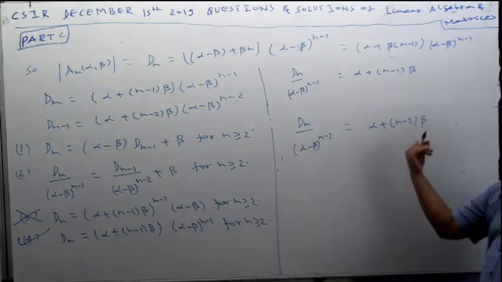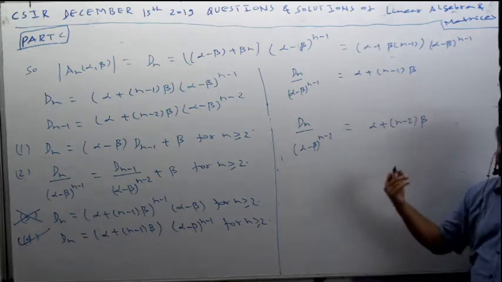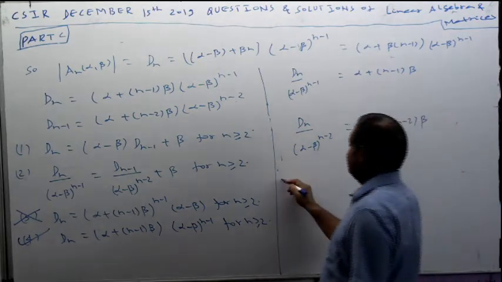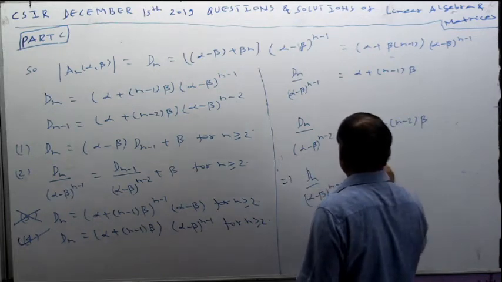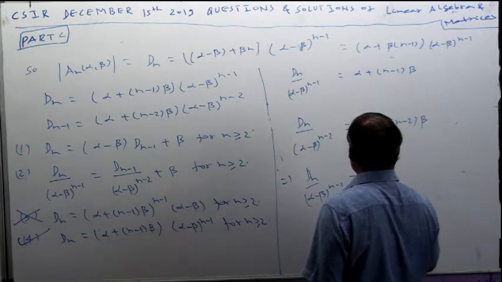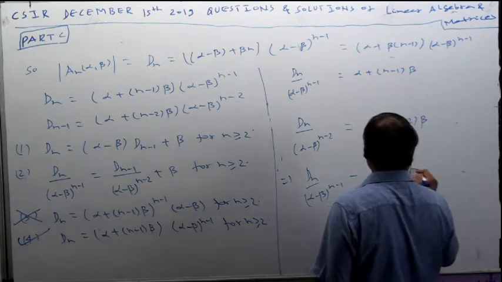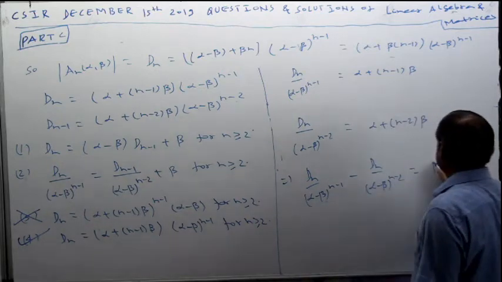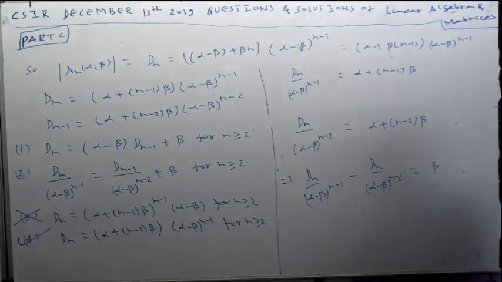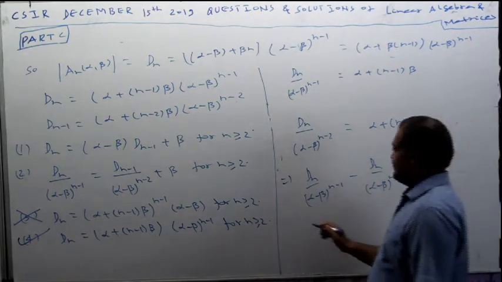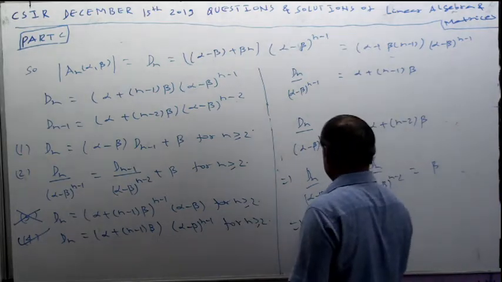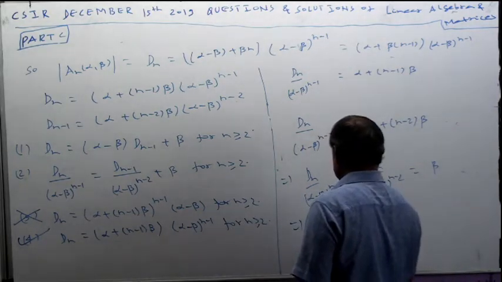There is only a difference of beta. So this implies after subtraction, d_n upon (alpha minus beta) to the power n minus 1 minus d_(n minus 1) upon (alpha minus beta) to the power n minus 2, the RHS subtraction will give you beta. So this is equal to beta. Simple calculation, nothing to bother.